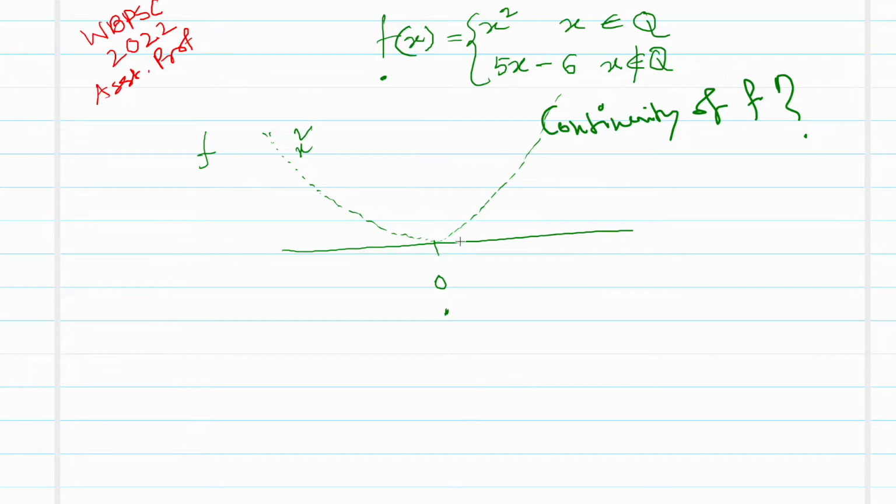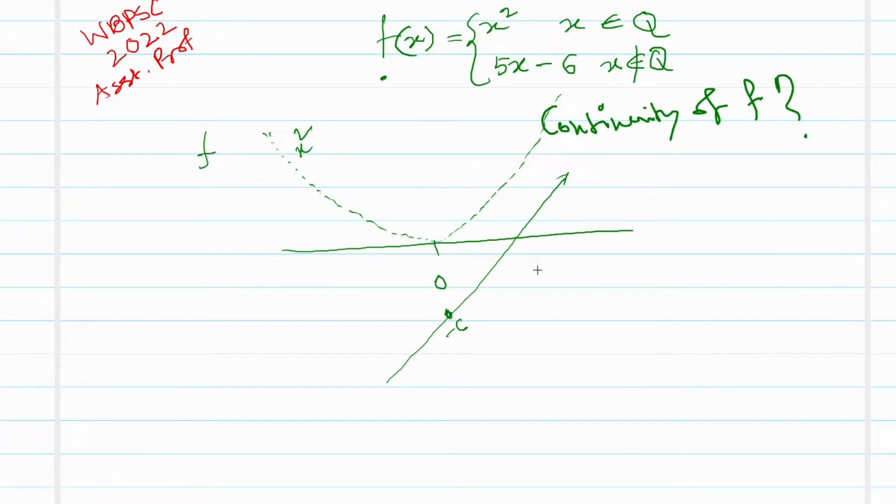I can draw 5x minus 6 somewhere, it should go through the point minus 6, because at x equal to 0 the functional value is minus 6. This is again a dotted line, but I have drawn it this way. Whether this line will intersect this, that's the important question here.